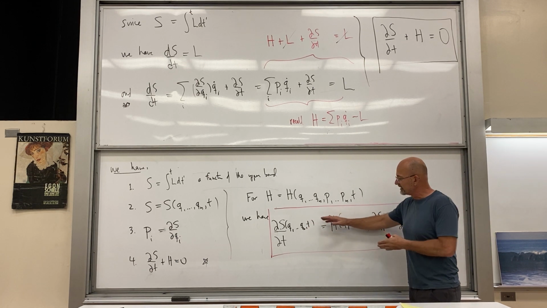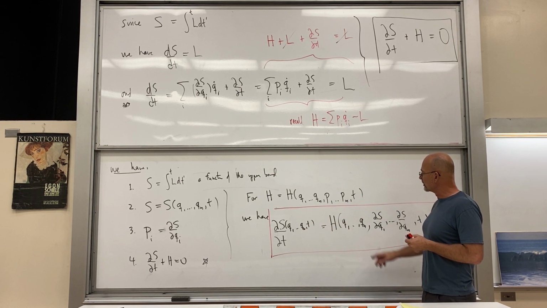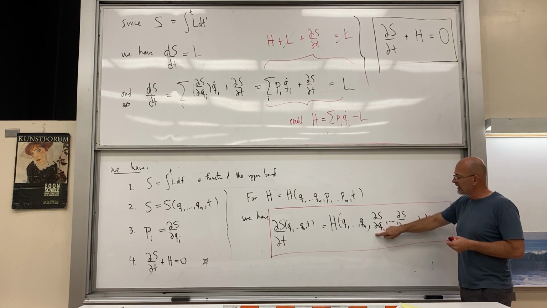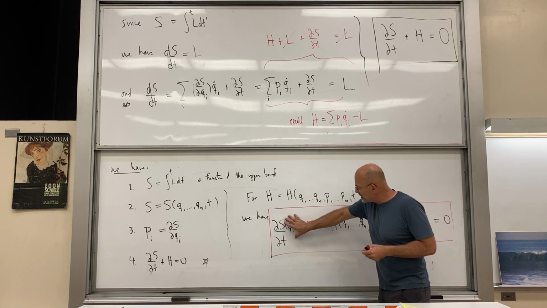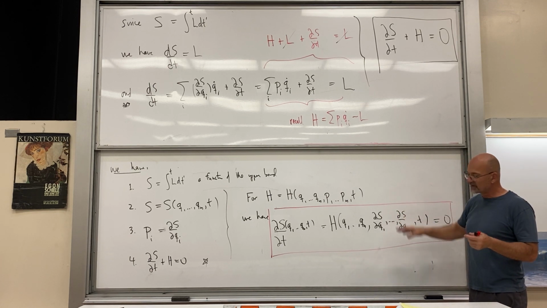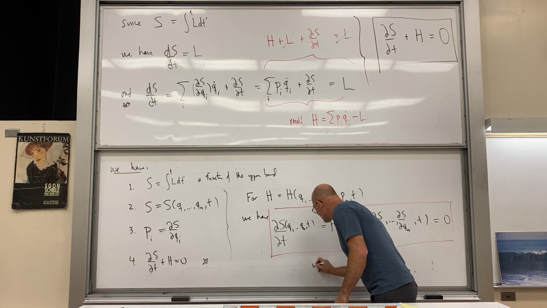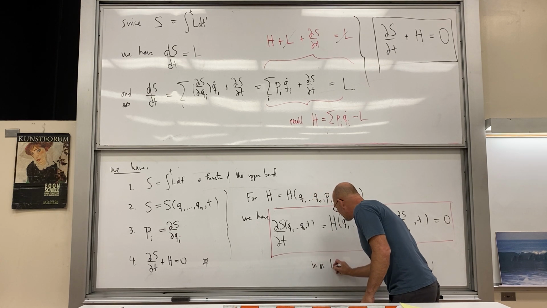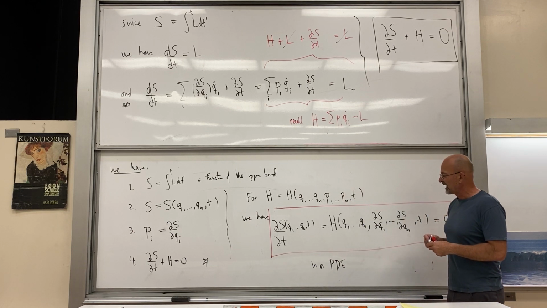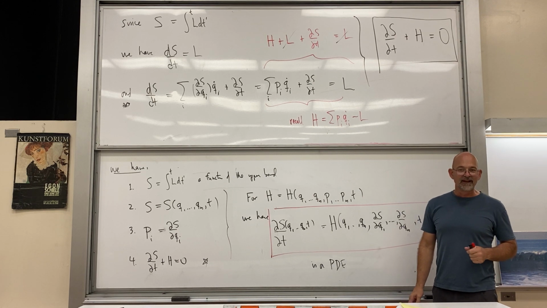We could actually write this down for all of our Hamiltonians that we already know about. Because where we had p, we would put dS/dq in there, and then you just have this relation between partial derivatives that has to be solved. And the interesting thing is we can write it down, but we don't yet know what it means mechanically.